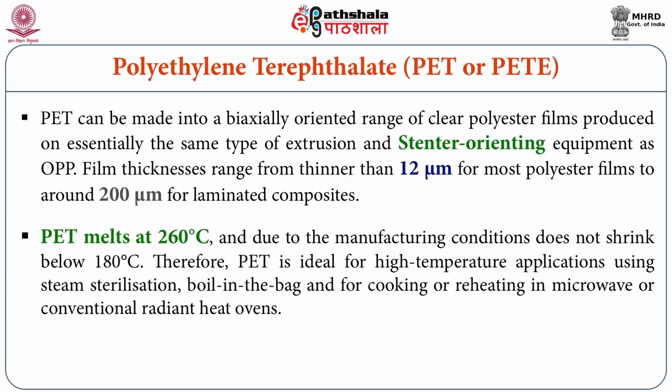PET melts at 260 degrees Celsius and due to the manufacturing conditions does not shrink below 180 degrees Celsius. Therefore, PET is ideal for high temperature applications using steam sterilization, boil in the bag and for cooking or reheating in microwave or conventional radiant heat ovens.